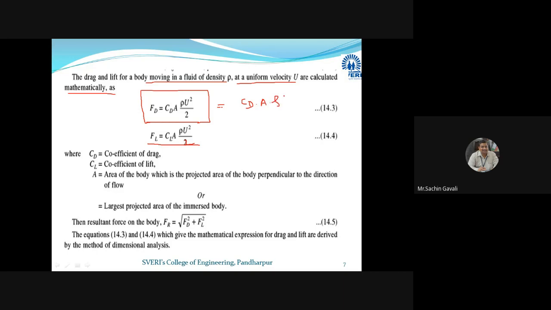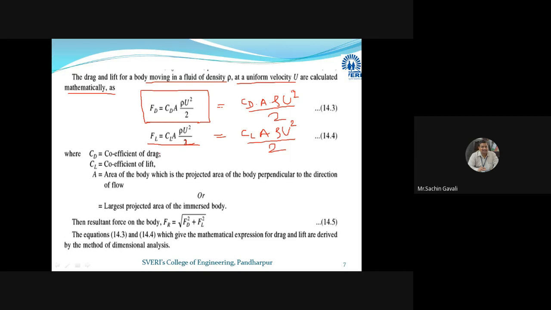This is the drag force acting on a moving body, and for the lift force, CD is replaced by CL: FL equals CL A rho U square divided by 2.